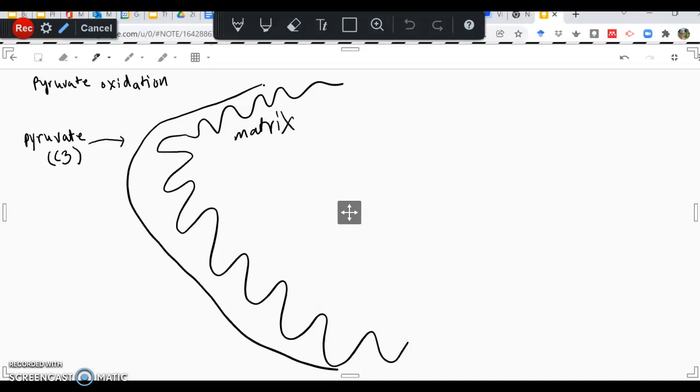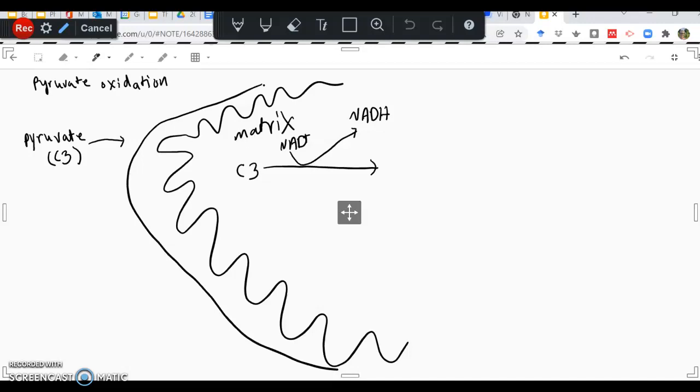So within the matrix, what we're going to do first is go ahead and strip off some electrons from pyruvate. We have our C3 molecule moving in, and we're going to strip electrons from that and give those to our electron carrier NAD+ to reduce it to NADH.